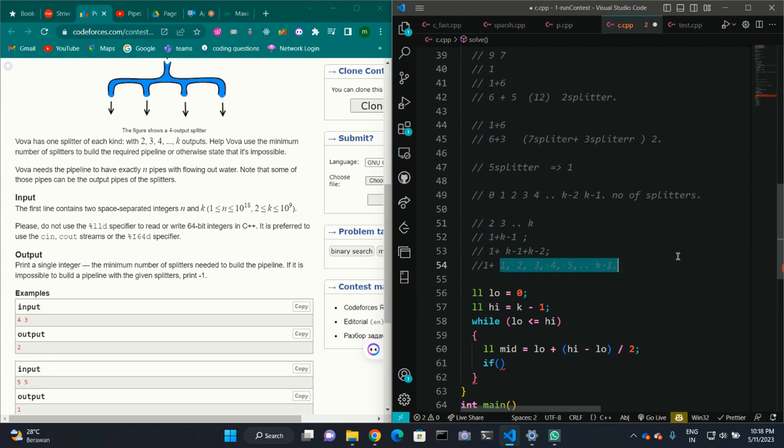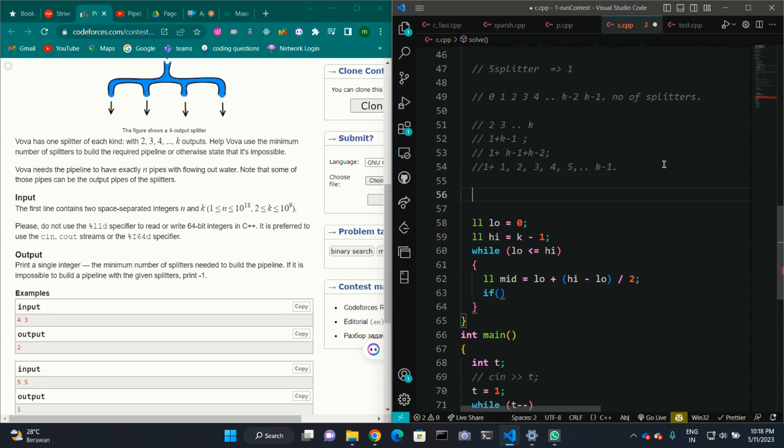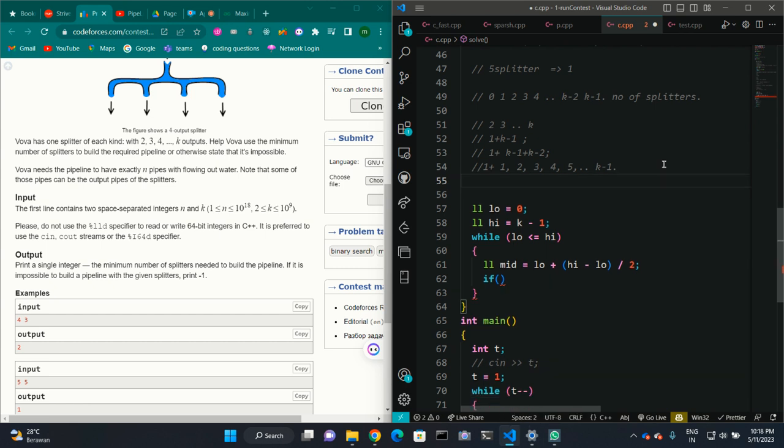So if I use the last mid number of splitters, then what will be the answer? 1 plus. So I'm using mid number of splitters. That means this is mid and these are k minus 1 minus mid, right?